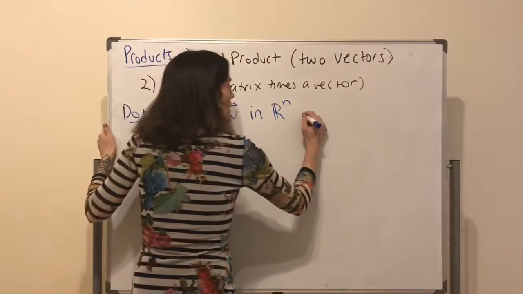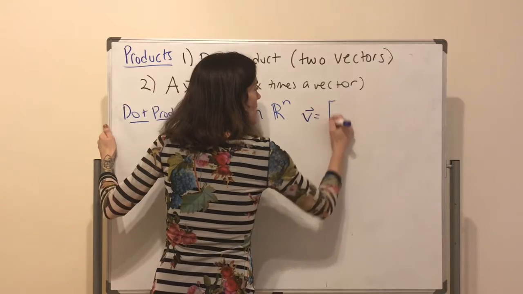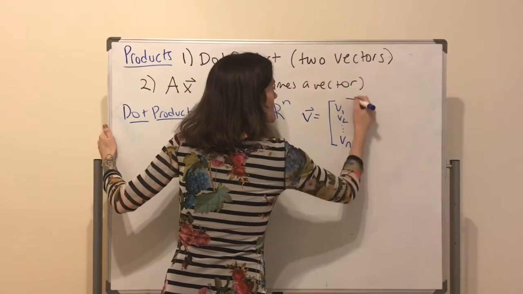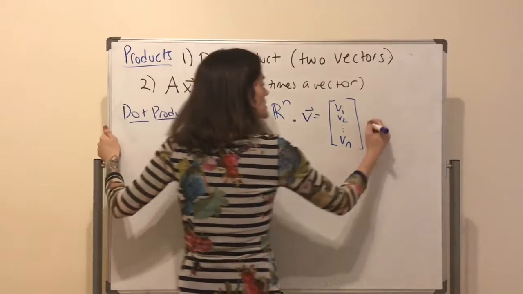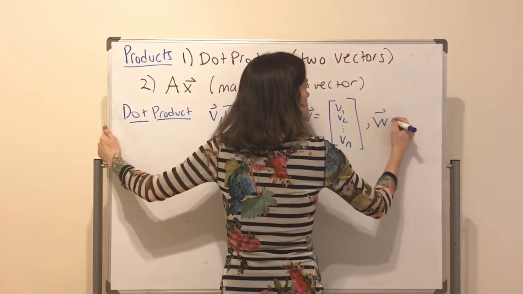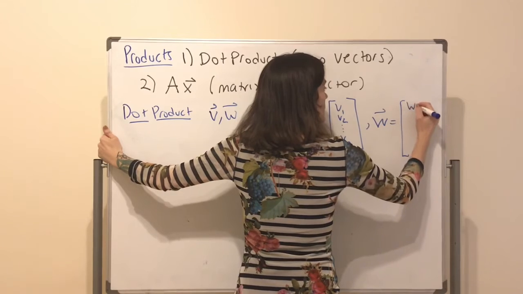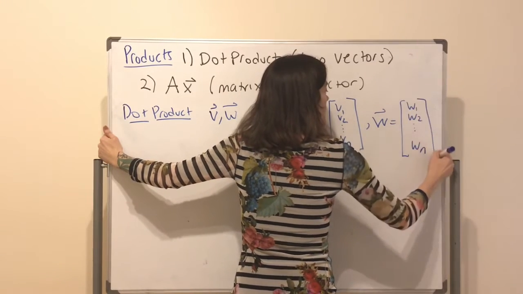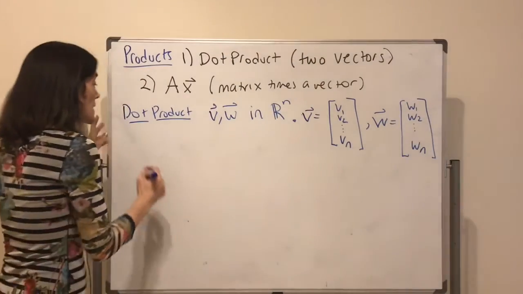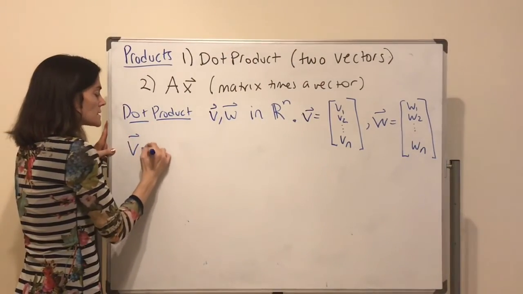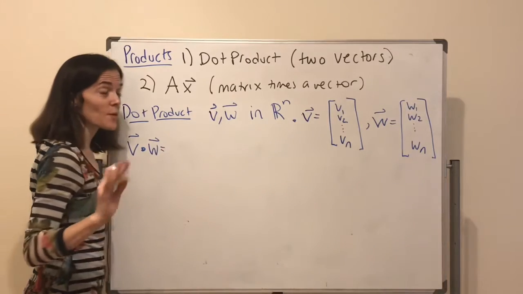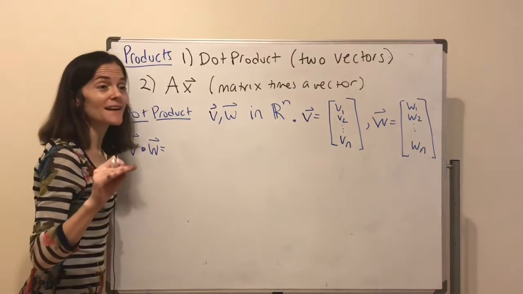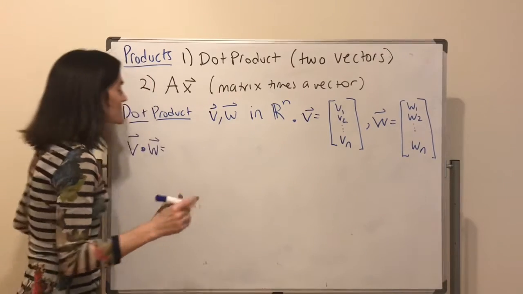And then I need some components here. So I'll write them as columns, but they don't necessarily need to be. Suppose this is V and this is W. Okay, the dot product, V dot W. The most important thing to remember, it's a number, okay? The dot product gives you a number.